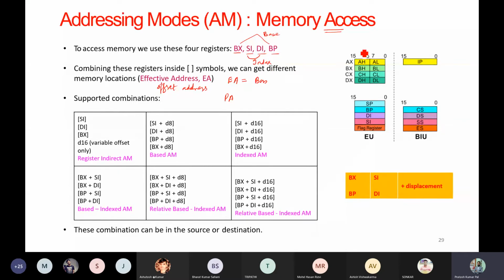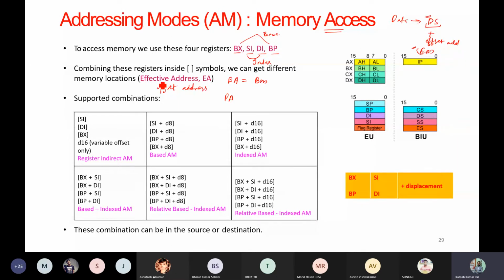So the segment register will be taken from the DS register, that is the data segment register, and along with that we will be using the offset address, or we call it the effective address. So if we have the data segment register and the effective address, we will be able to access the data at a particular location.